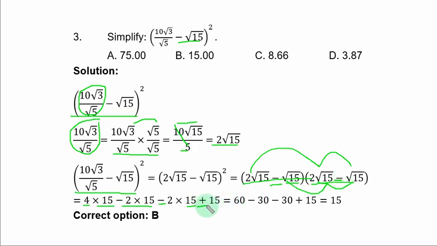What you have there, root 15 times root 15 is 15. So you have 60 minus 30 minus 30 plus 15. If you take out these three terms, they become 0, you are left with 15. B is the correct option.